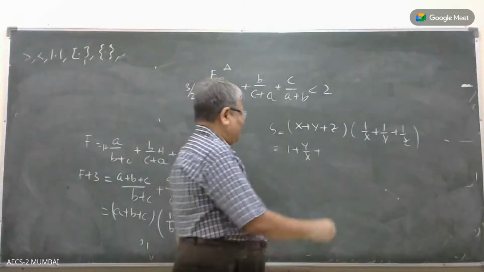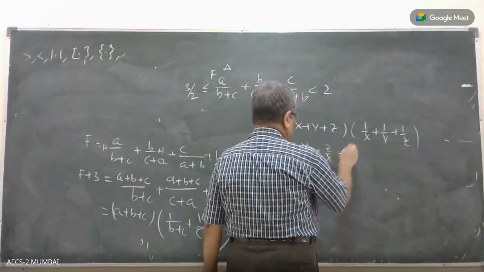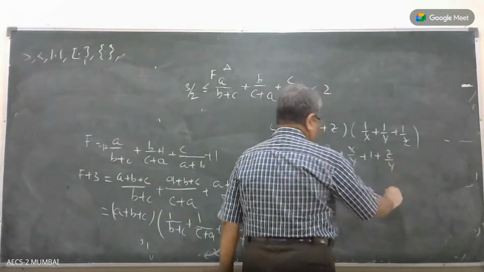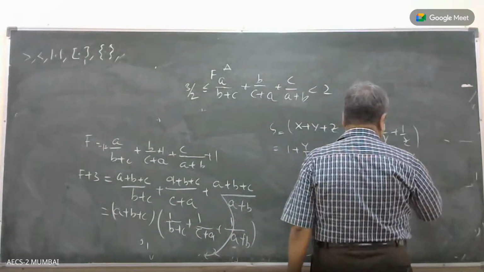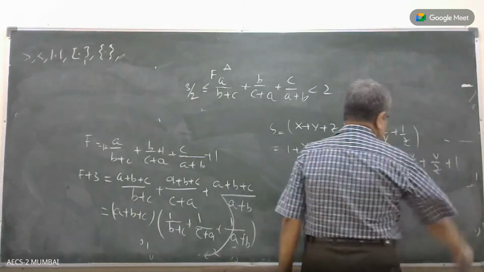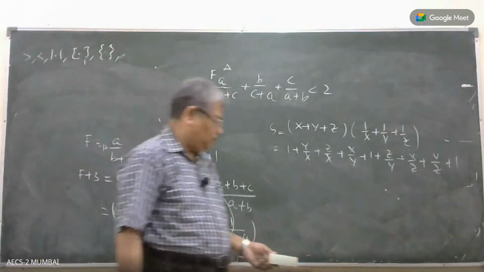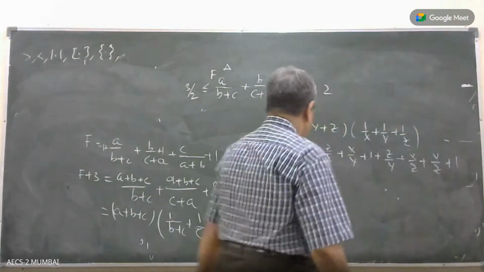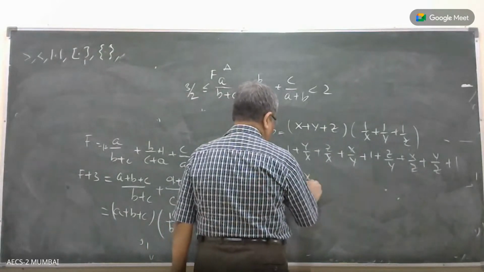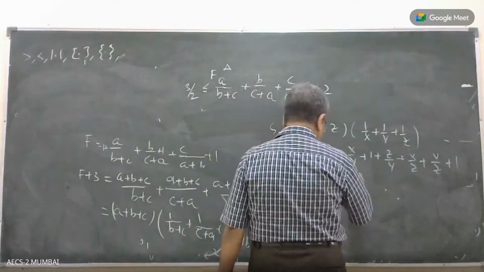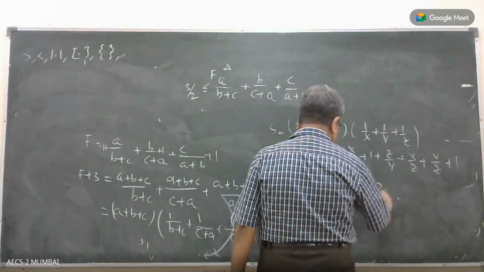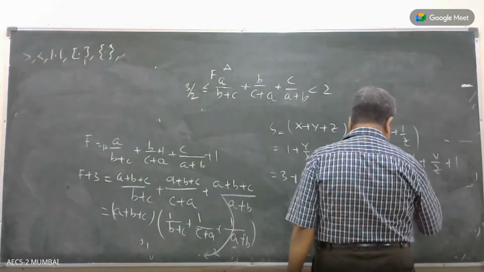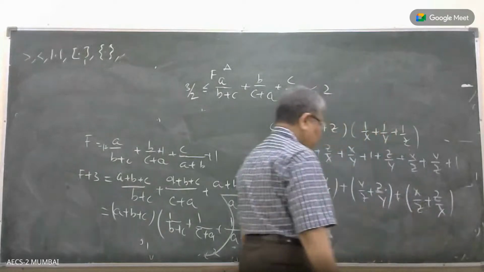Check this. If you multiply, do we get this? Then this. Then this. Is this correct? Okay. Now next. So this will be. Is this correct?